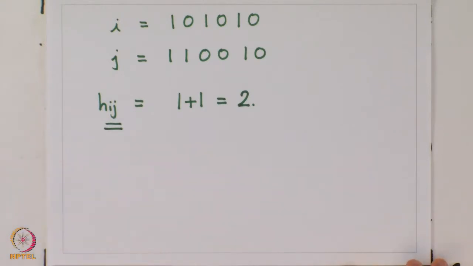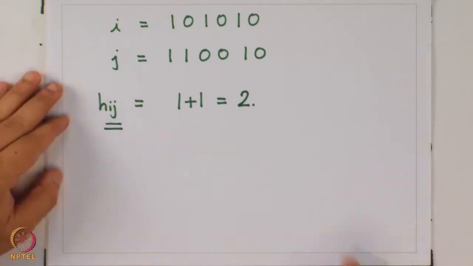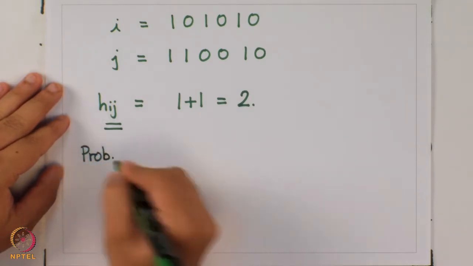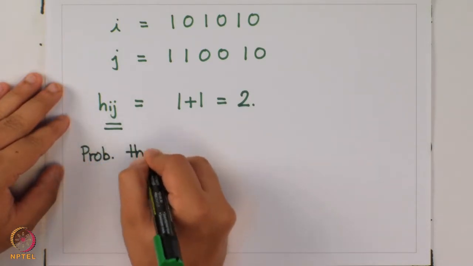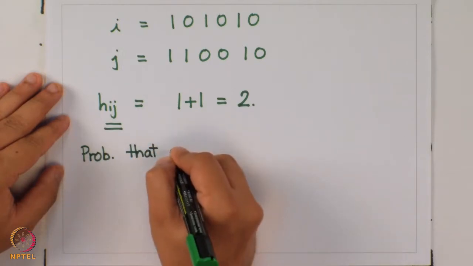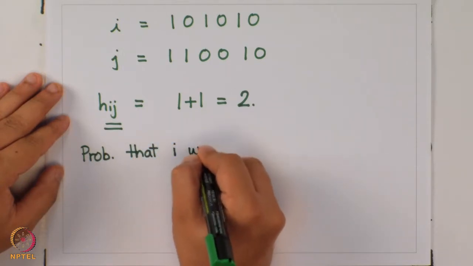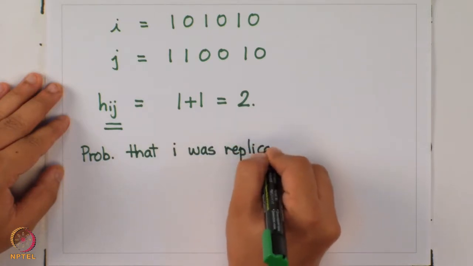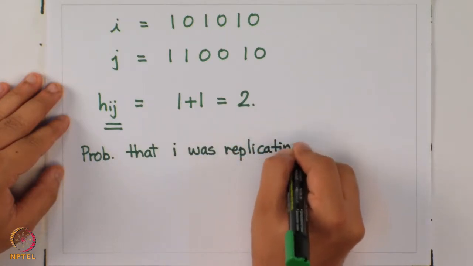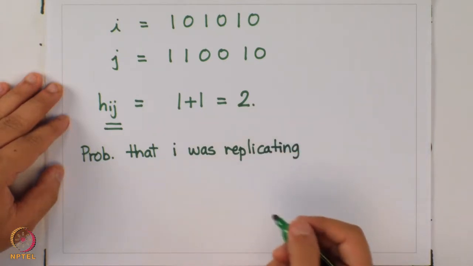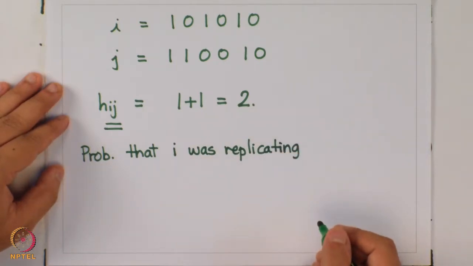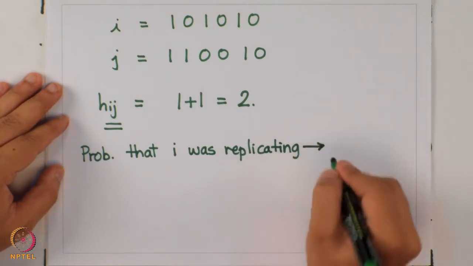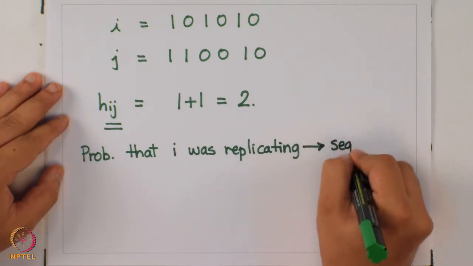Now, when there is replication happening, what is the probability that sequence I was replicating, and because there is a finite mutation rate associated with the process of replication, the progeny that was produced was actually sequence J?